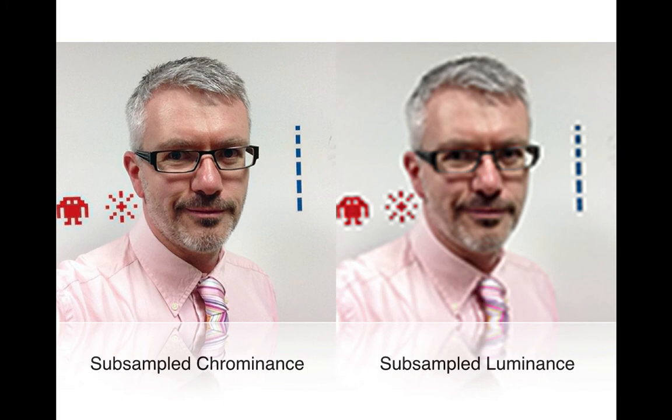So that's one of the things that JPEG does that lets it reduce the size of files. And you can simulate that. I might make you do that later in the lab. You can simulate that in Photoshop if you convert something to LAB and then reduce the quality of the A and B components.